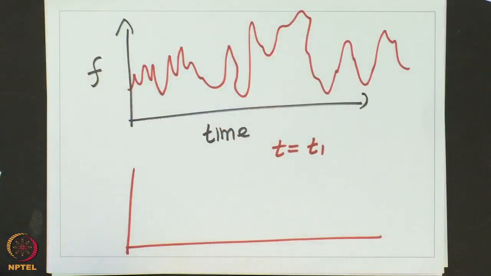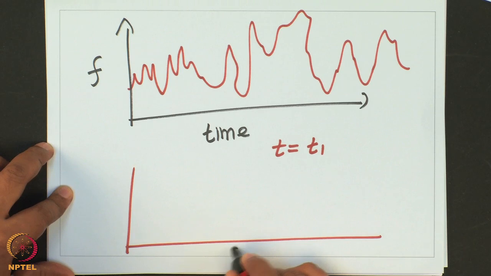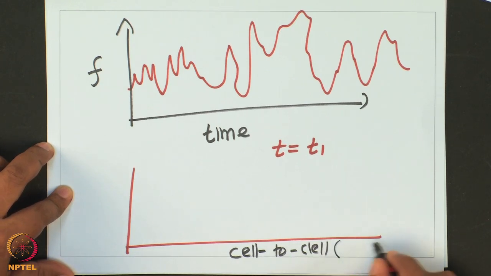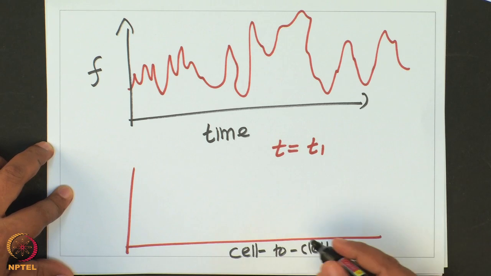So there is a cell to cell variability, or a population variability across different people or constituents that we are thinking about. Typically, this will be cell number on the x axis, or it could be person number.